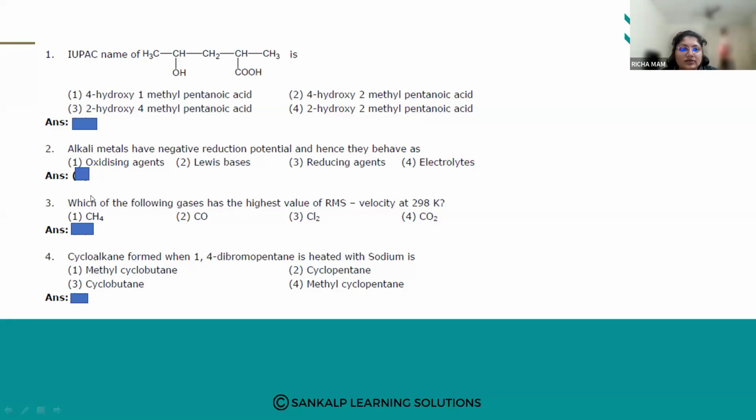Alkali metals have negative reduction potential and hence they behave as. Okay, reducing agent. Shivaruni and Vandana have answered reducing agent. Jay Lakshmi and Amulya have also answered reducing agent.